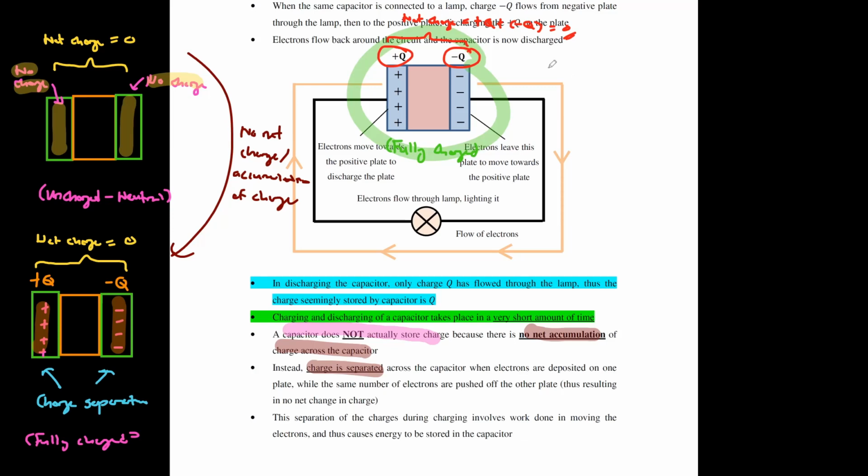So if you are asked what a capacitor does, it is correct to say that it is separating charge, because electrons are deposited on one plate, while the same number of electrons are pushed off the other plate. When you think a bit further about this process, because you're pushing and repelling the same amount of charge, you have no net change in charge. This also explains why you do not store charge in the first place.